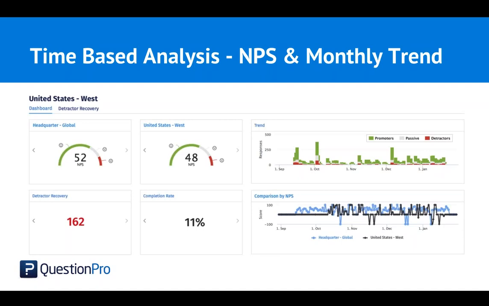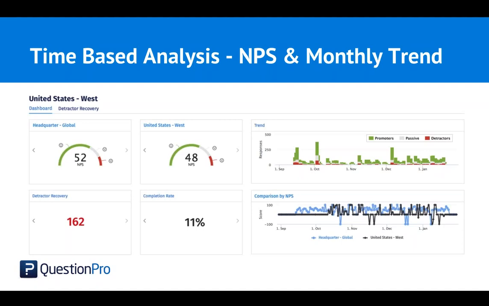So even though detractors are also going down, what are some things we can do to increase the recommendation of people wanting to use your products and services over time? Those will be really great business decisions and planning that you guys can take this information and really make it useful. Below there is the comparison by NPS.